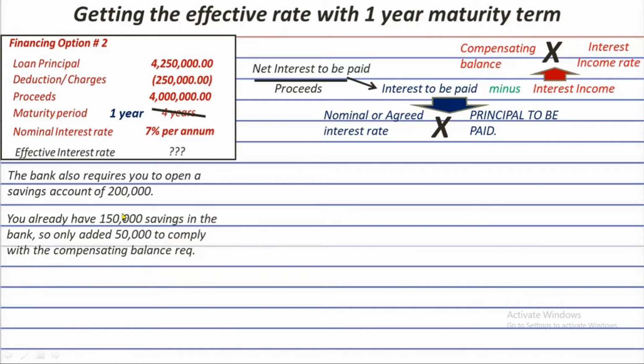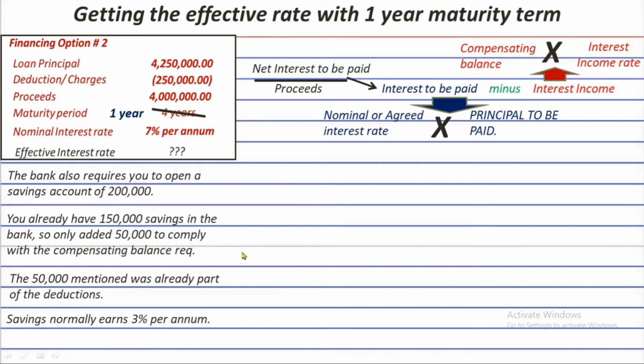But since you already have 150,000 savings in the bank before you applied for a loan, you only added 50,000 to comply with the compensating balance requirement. And in addition, the said 50,000 was already part of the deductions right here. And lastly, the savings normally earns 3% per annum in that said bank. So that's the whole sample problem that we need to solve later in the next slide.